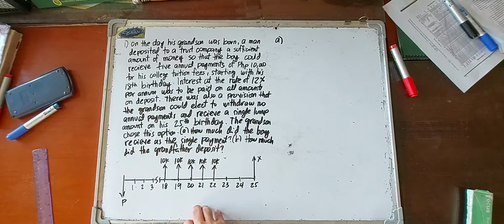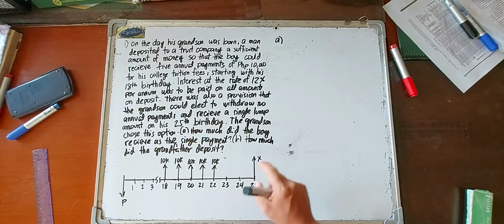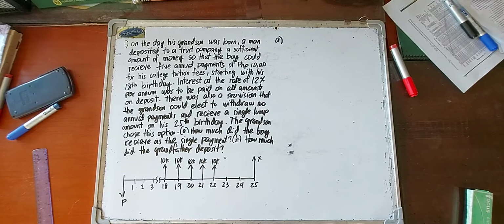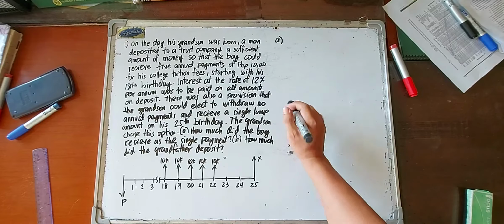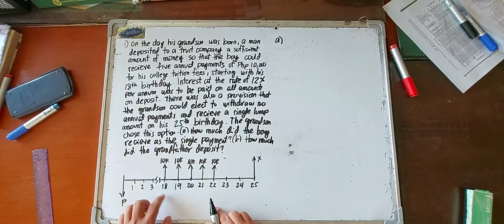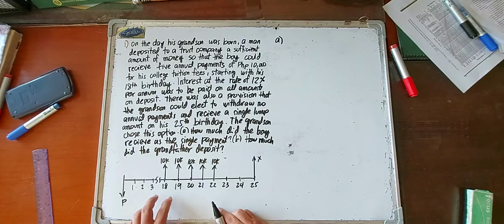So question natin, how much did the boy receive as a single payment on his 25th birthday, and how much did the grandfather deposit. Okay, so let's try to solve letter A muna. How much did the boy receive as a single payment? So on the 18th year, mag-start tayo dito.